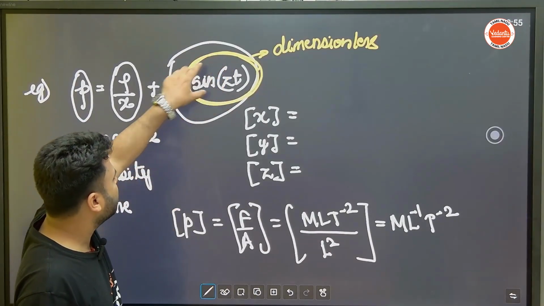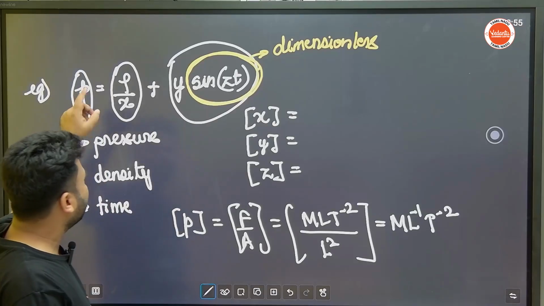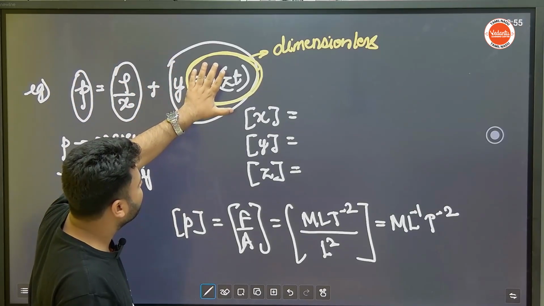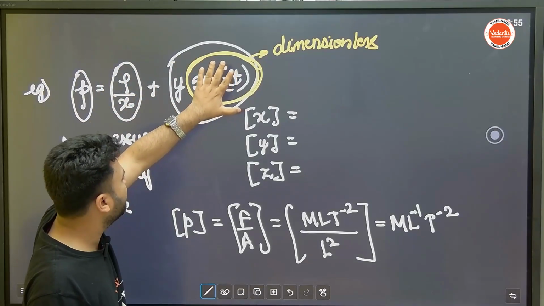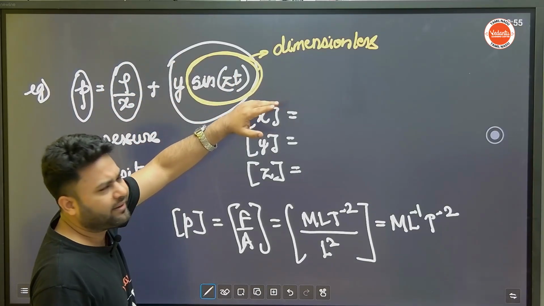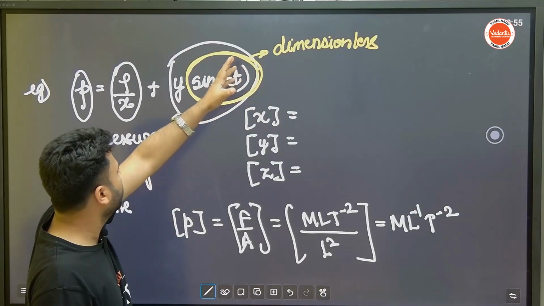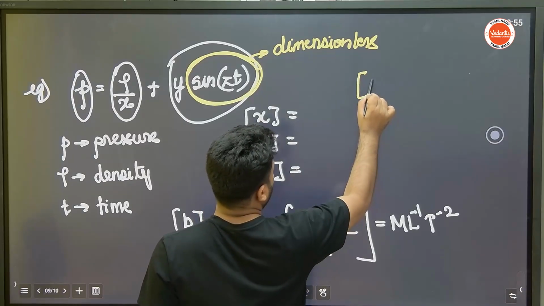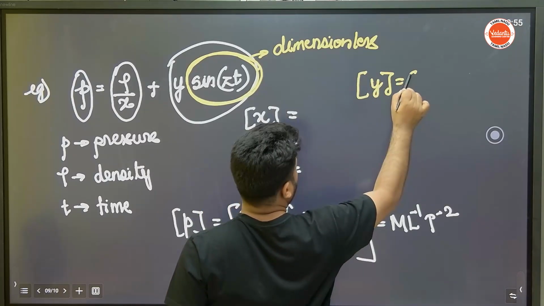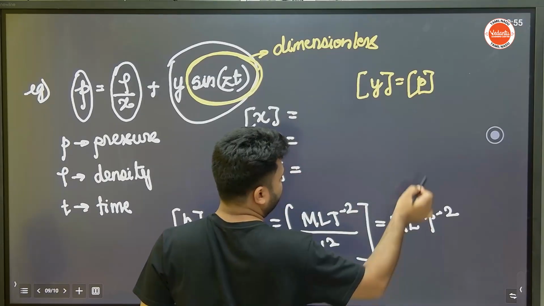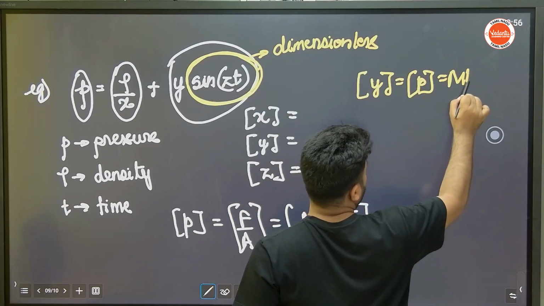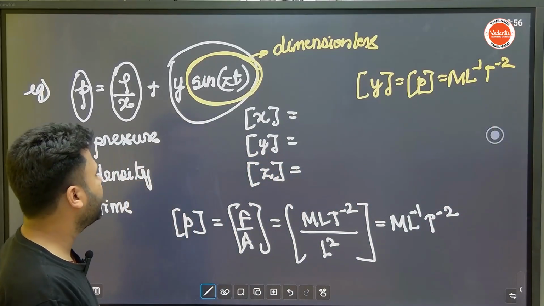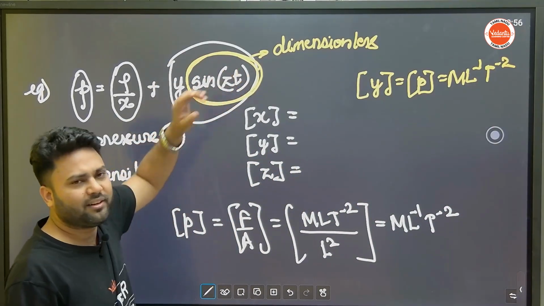And since this is dimensionless, Y should have the dimension of pressure. This dimension and this dimension, both should be the same. This is dimensionless, so remove it. So the dimension of Y should be equal to the dimension of pressure, which is M L minus 1 T minus 2. Correct? Because this whole quantity is dimensionless.